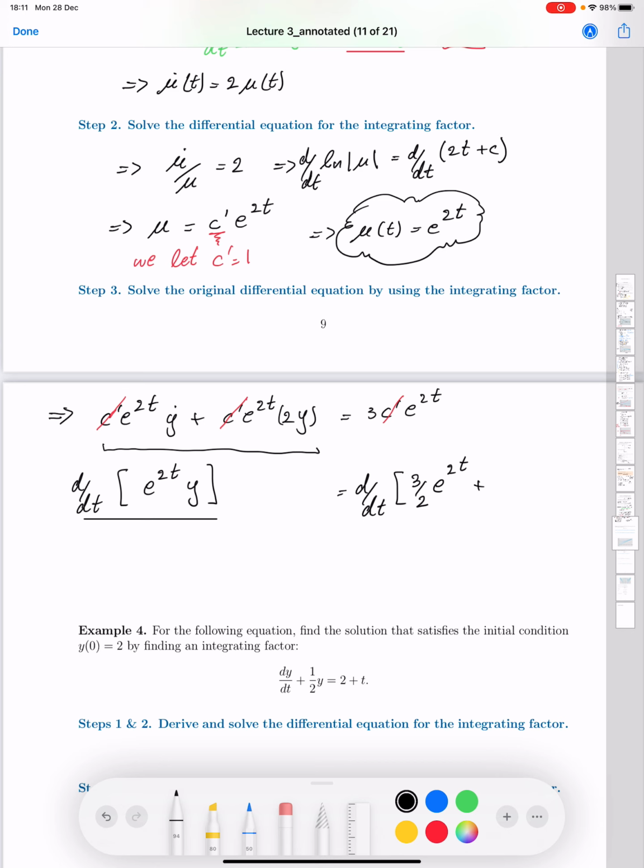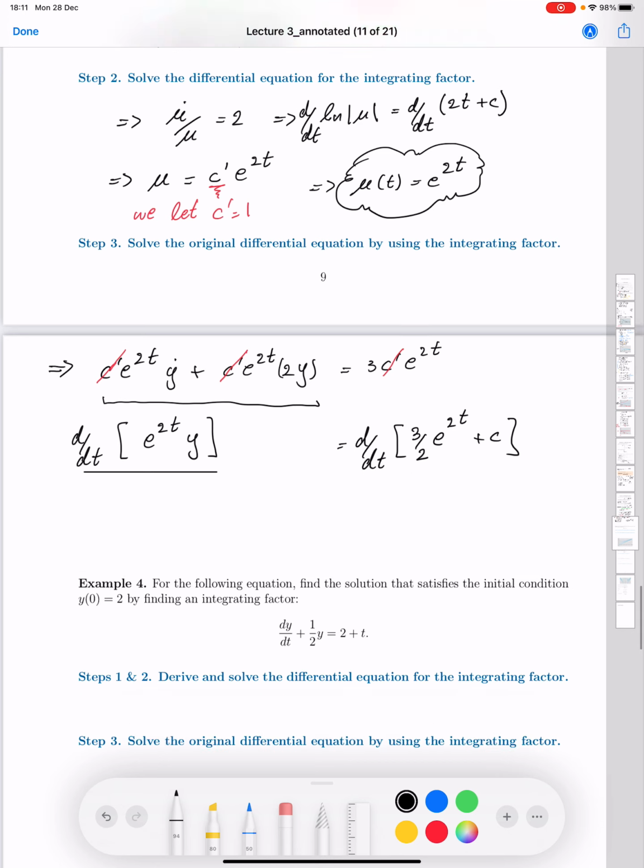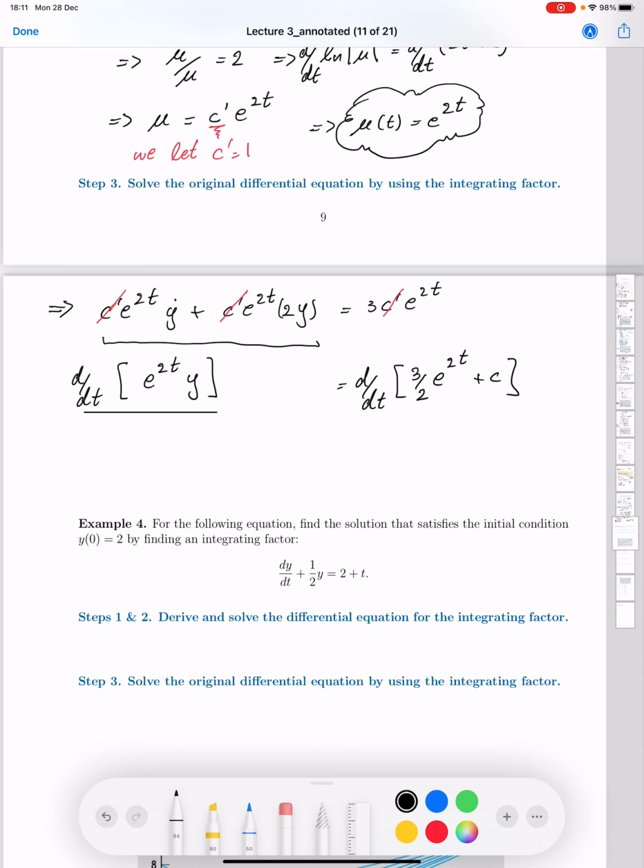And then I will have some constant. Good. Now I can just cancel both of them out, the time derivatives, and I will get e to the power of 2t times y equals 3 over 2 e to the power of 2t plus c. Yay, this should be the solution.